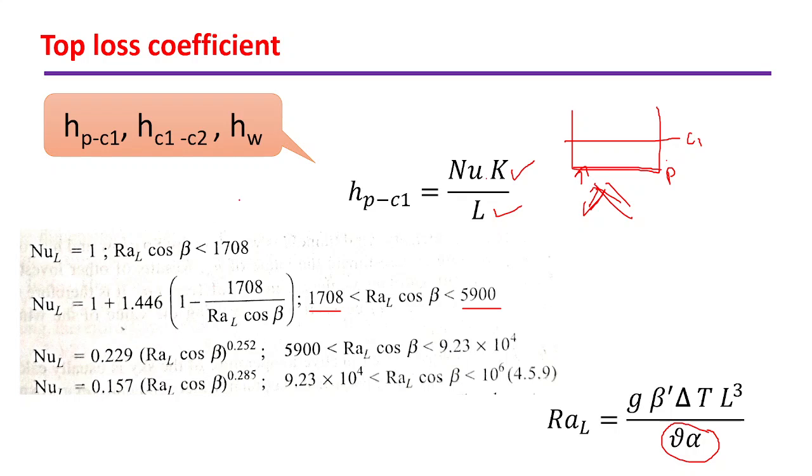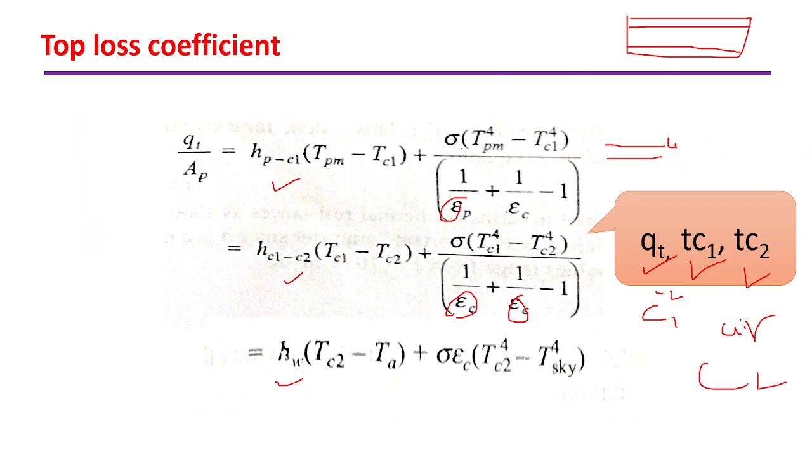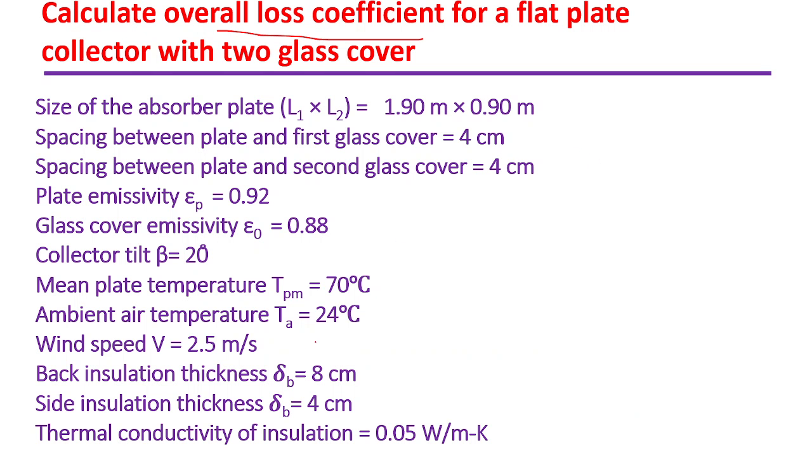Next, how to consider C1 and C2. We are given a mean plate temperature of 70 degrees centigrade, and the ambient temperature is 24 degrees centigrade.